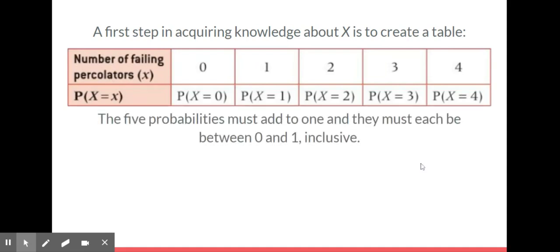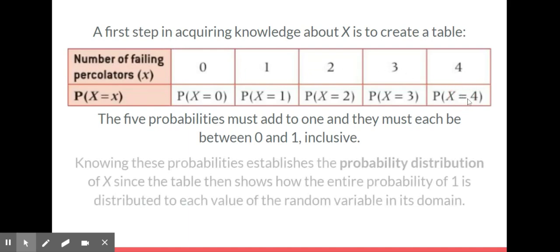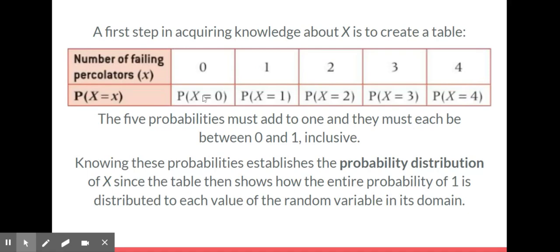What's nice about setting it up as a table is we know that these 5 probabilities in the second row must add up to 1, because if I have 4 percolators, something is happening here. Either 0 are failing all the way up to all 4 are failing. So these probabilities have to add up to 1, and each individual probability must be between 0 and 1 inclusive, because probability.